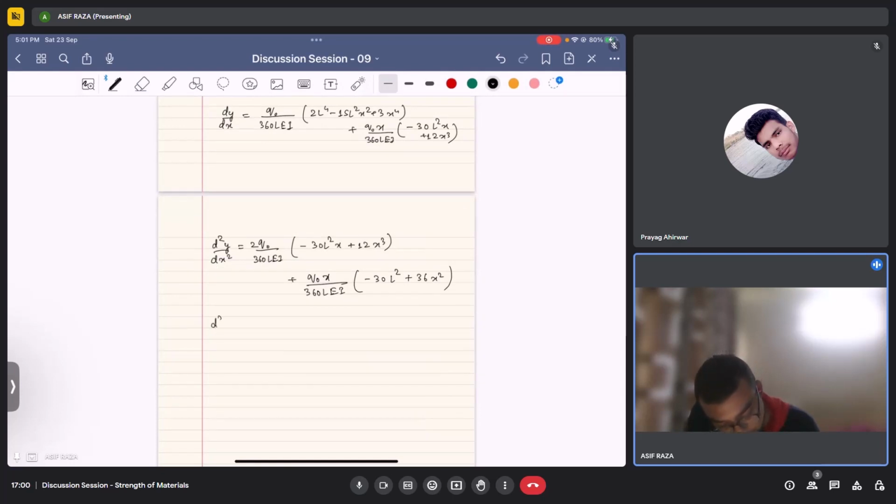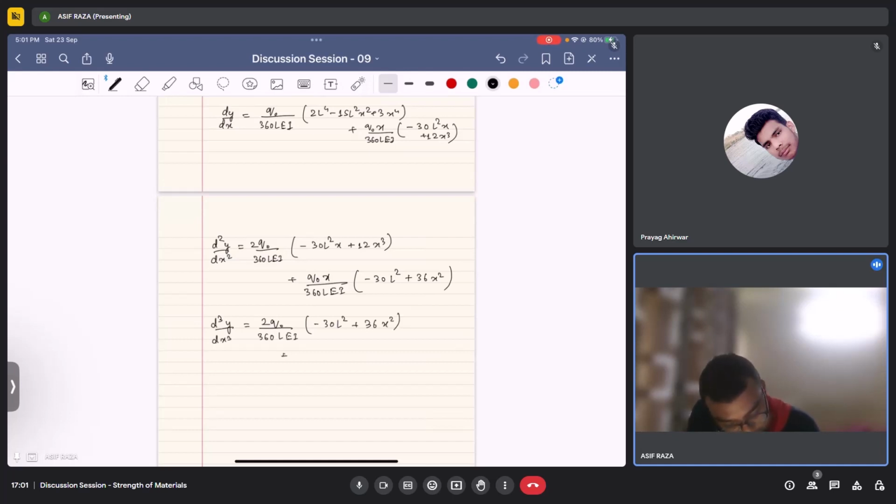Now the third derivative would be: take the first one, Q naught by 360 LEI, and its derivative would be minus 30 L square plus 36 x square.